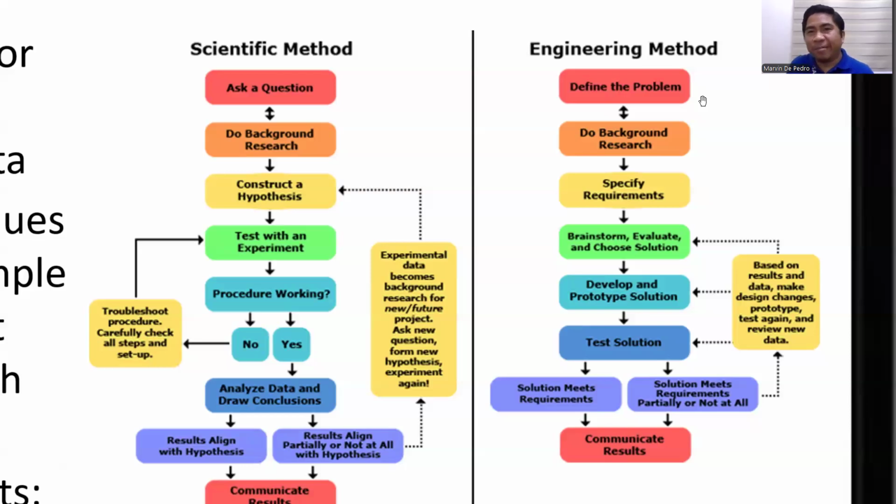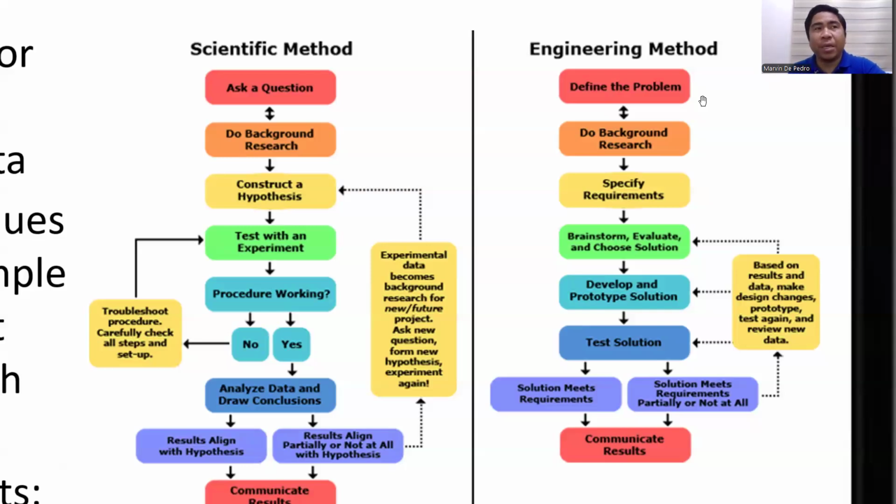Usually for us, we solve the problem by providing a system. That's a common option for us, but there are many other ways to solve the problem. But for students, most likely we do that by creating a system. Once we have our requirement specification, we brainstorm, evaluate, and choose the solution.